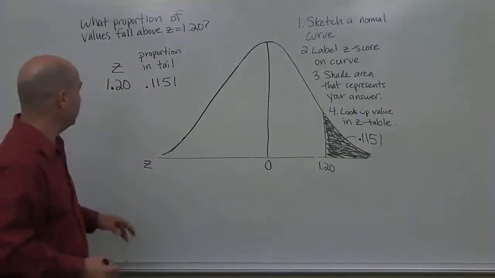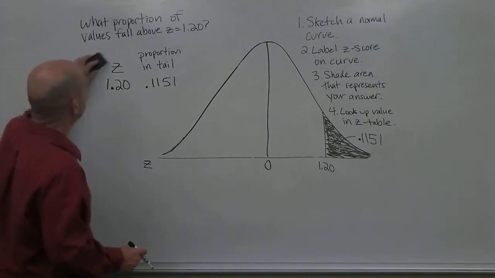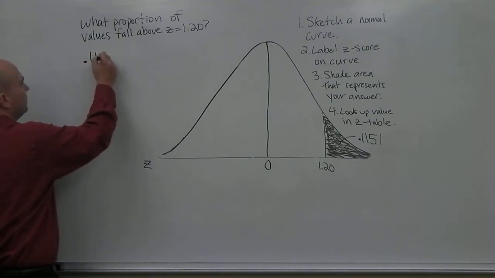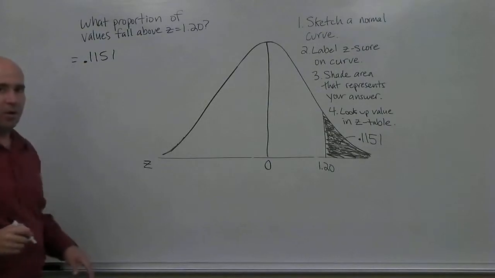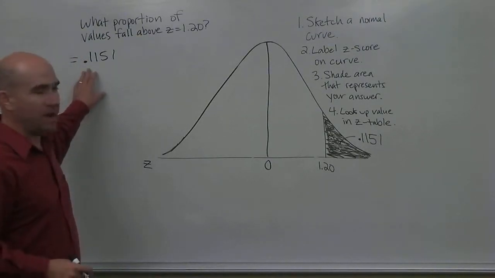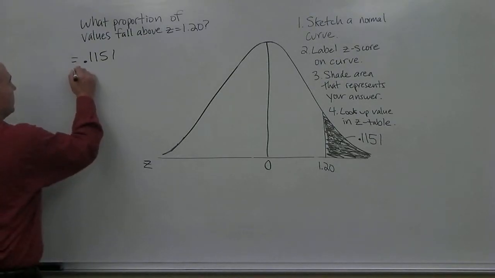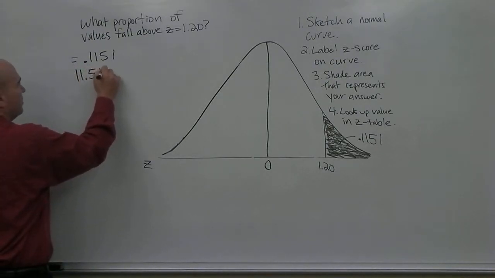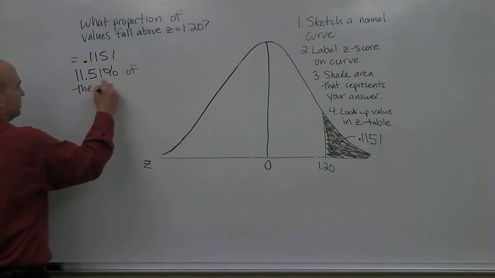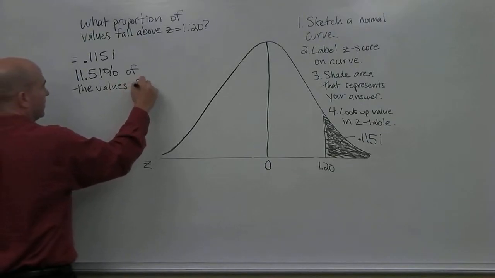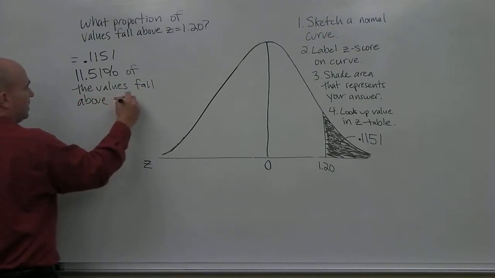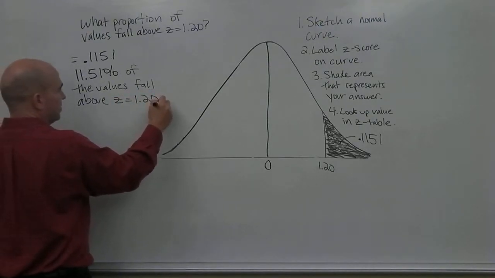So our answer is 0.1151. Or I could convert that to decimal form, and that would be converted to 11.51% of the values fall above z equals 1.20.